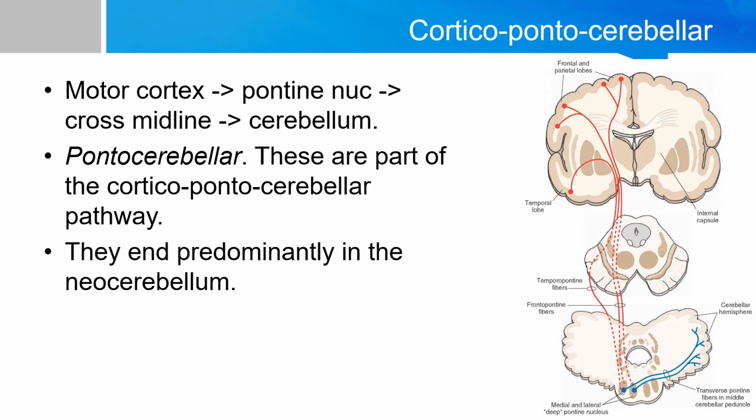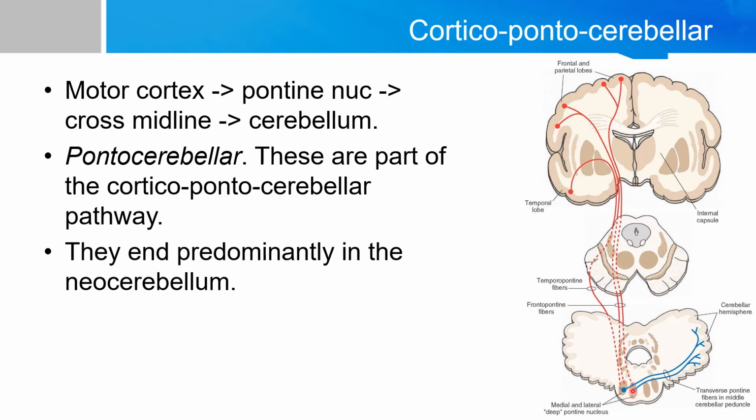And they will descend via the cerebral peduncle on both edges, and more specifically, the frontal and parietal lobes will go through the medial edge of the cerebral peduncle in tracts called frontopontine fibers, whereas the temporal lobe fibers will descend laterally in the cerebral peduncle in the tracts called the temporopontine fibers, and they eventually will descend and synapse on the deep pontine nuclei.